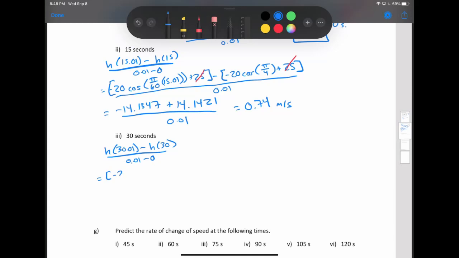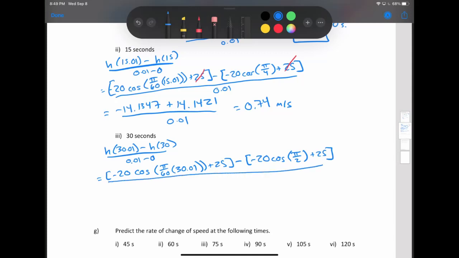So negative 20 cos of pi over 60 times 30.01 plus 25, minus negative 20 cos of pi over 60 times 30, which is just pi over 2, plus 25, divide by 0.01. Cancel out the 25s because we can. It makes things a little faster.